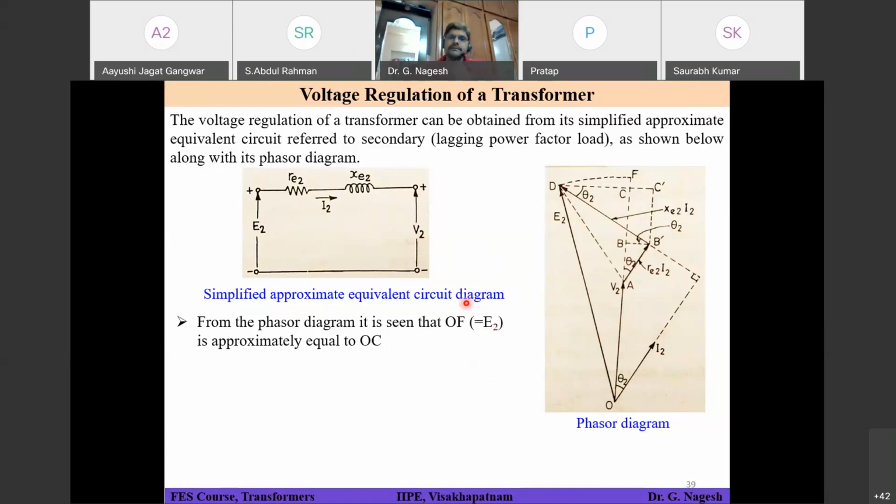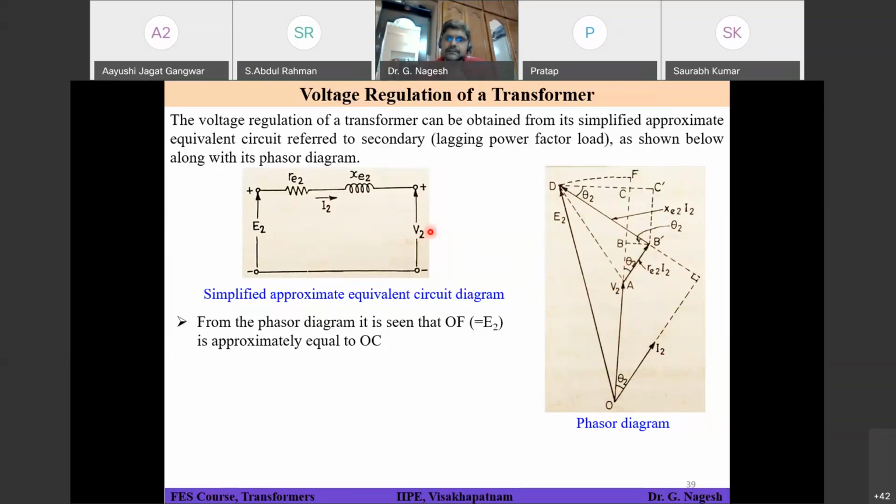Okay then. So this is your simplified equivalent circuit and the corresponding phasor diagram I have shown here. Now we have to find the magnitude difference between E2 and V2. If you do that, you get the numerator for your voltage regulation calculation, that is E2 minus V2.